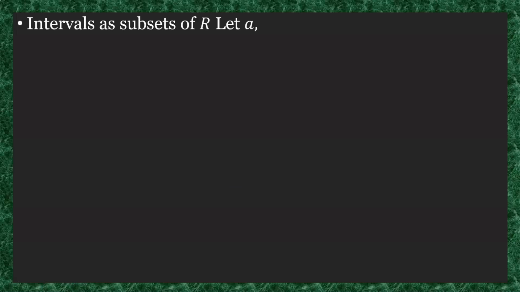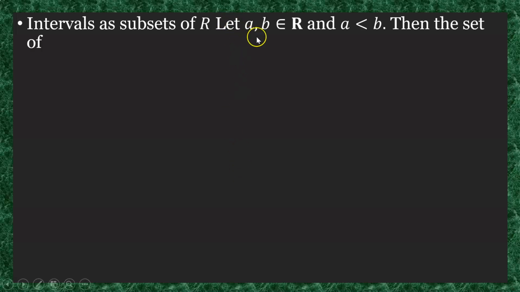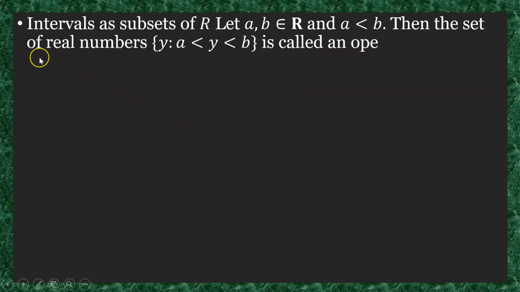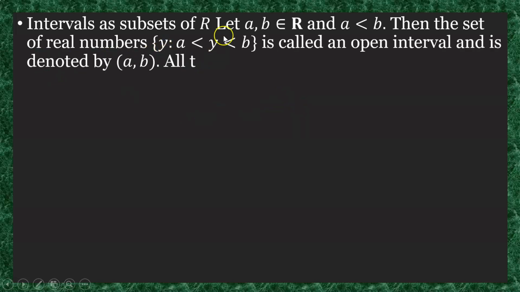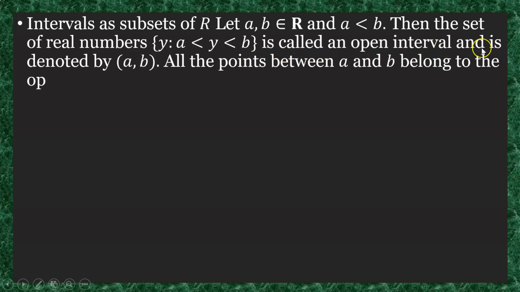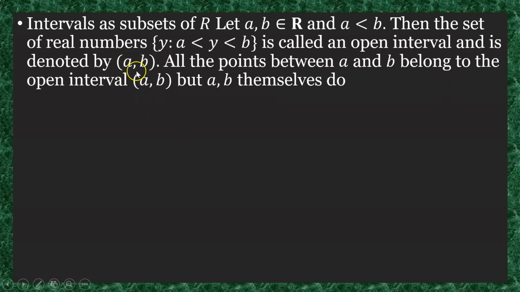Intervals as subsets of capital R. Let a, b belong to the set of real numbers and a is less than b. Then the set of real numbers y such that y lies between a and b is called an open interval and is denoted by the open interval (a, b).